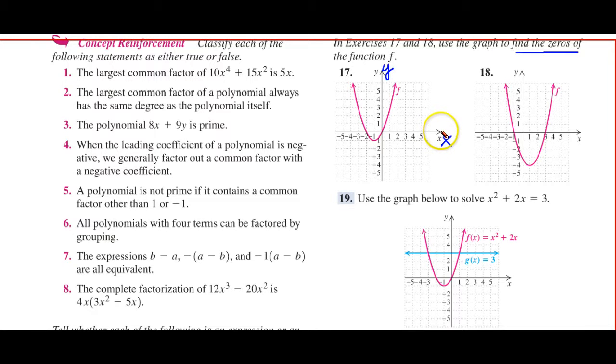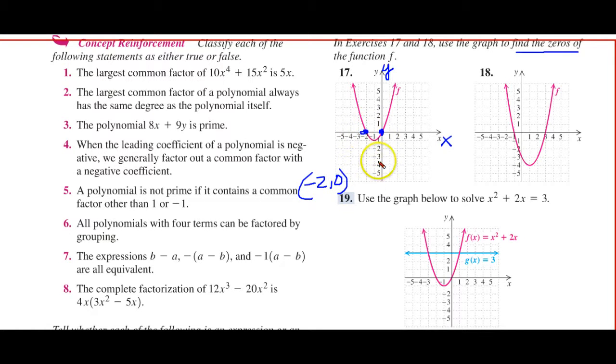Because what is the value of y when these lines cross the x-axis? Well, y here is 0. So in finding the zeros, we're looking for here -2, 0. That would be this point.